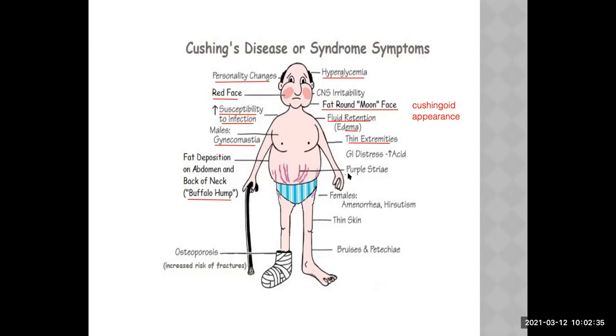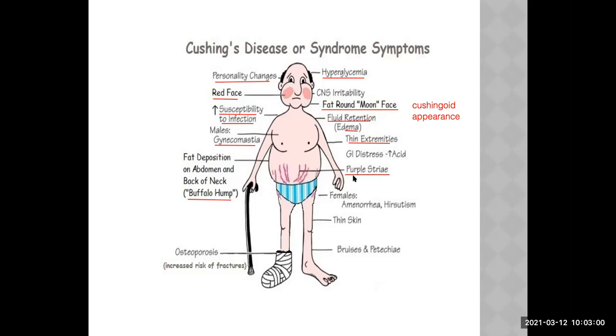There is striae. Striae are stretch marks on the skin. The skin is actually stretched, so they look exactly like this, splitting type on the skin. A bit like pregnancy, in pregnant condition also this type of condition is seen.